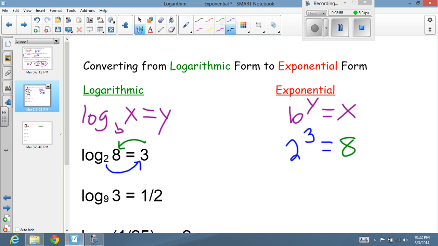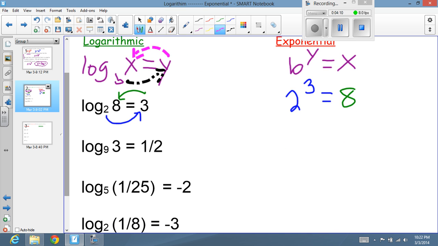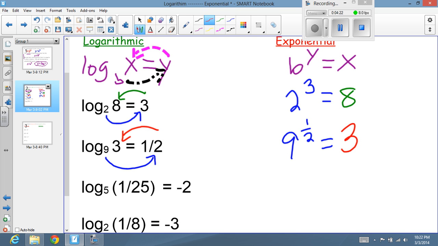That's just like doing b to the y equals x. Okay. 9 to the 1/2 equals 3. True statement.